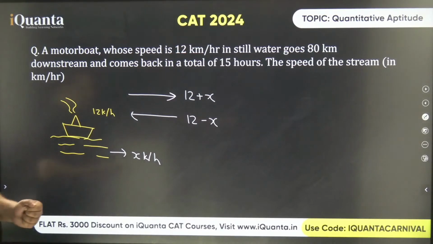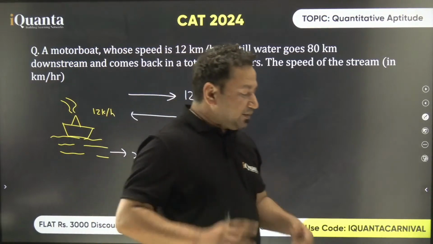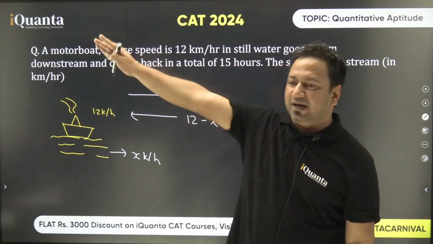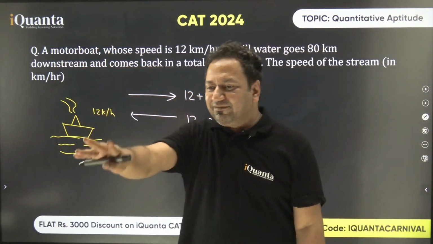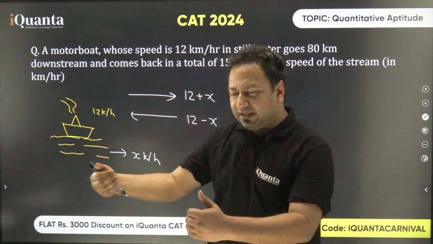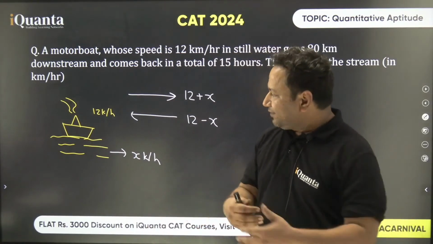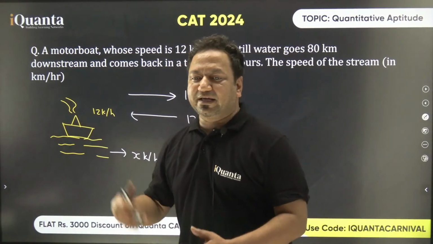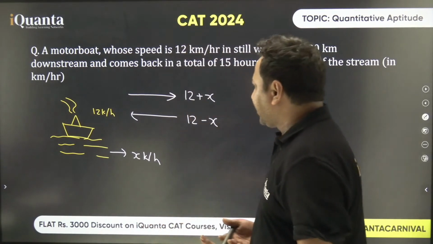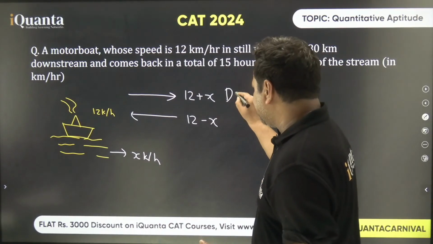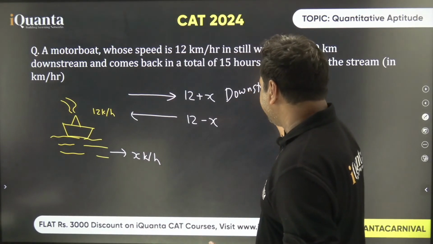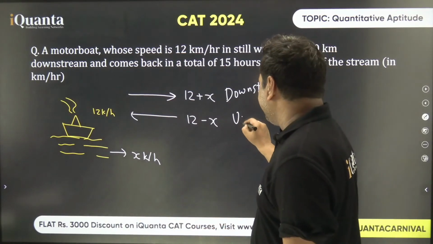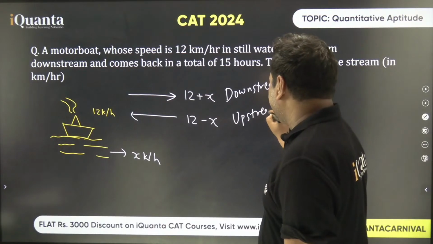जो बोट में बंदा बैठा है वो सोचेगा यार मैं तो 12 किलोमीटर स्पीड चल रहा हूँ, लेकिन जो बंदा बैंक पे खड़ा होगा ऑन द ग्राउंड रिवर से बाहर, वो देखेगा कि इसकी स्पीड 12 नहीं है, 12 प्लस x है, बिकॉज स्ट्रीम इज ऑल्सो फ्लोइंग. बट इन द रिवर्स केस व्हेन इट इज ट्रैवलिंग अगेंस्ट द स्ट्रीम इट विल बी डिफरेंस. 12 आगे गई पर x पीछे भी आ गई. ऑलराइट, सो वी कॉल दिस क्वांटिटी एज डाउनस्ट्रीम. डाउनस्ट्रीम मतलब स्ट्रीम के साथ साथ, and this as upstream, that means against the stream.